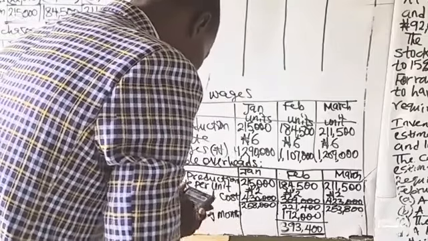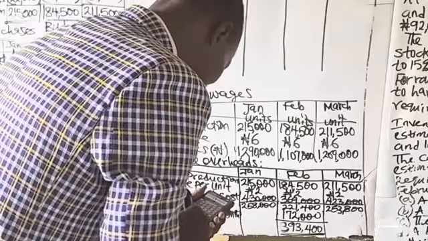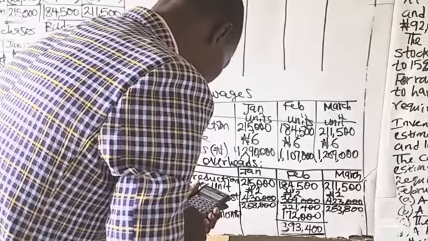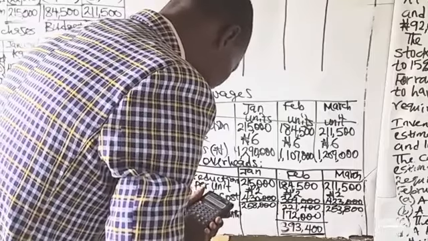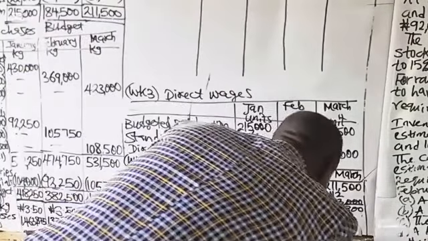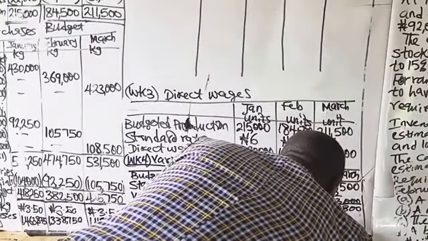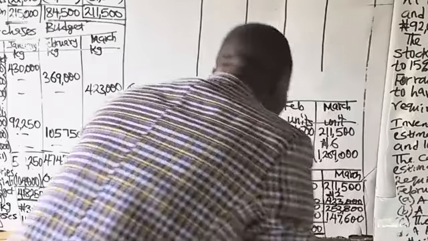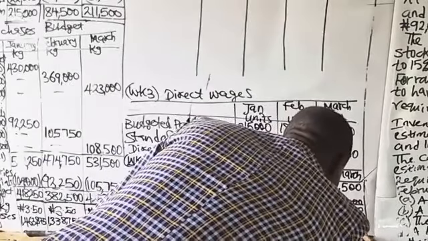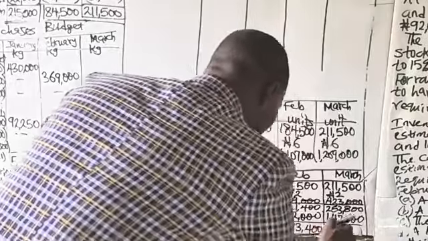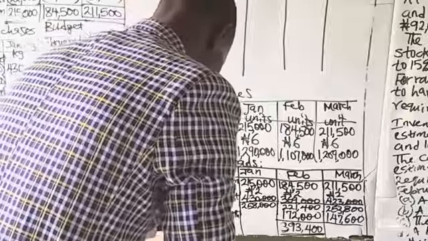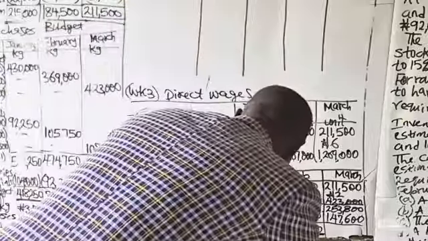So 40% of 369,000 gives us 147,600. Then if you add 147,600 to 253,800, we have 401,400.